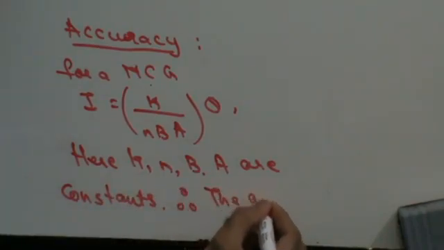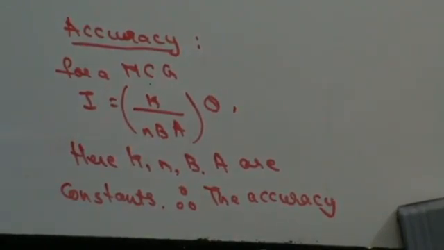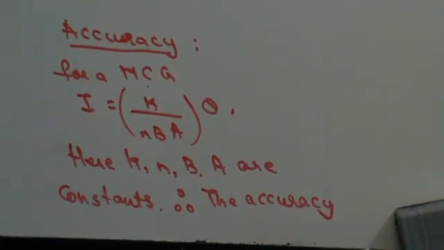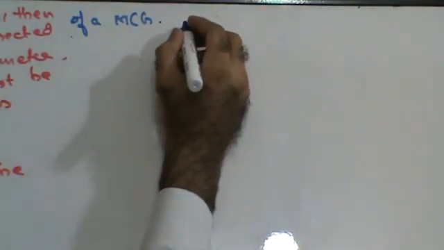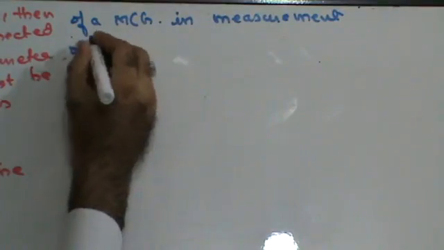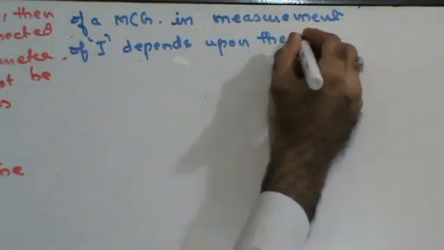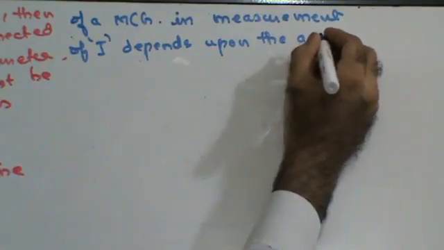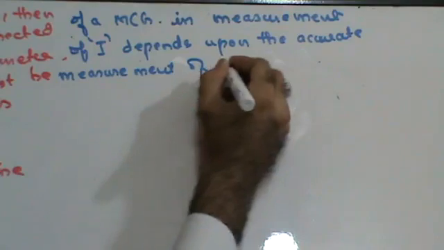Therefore, the accuracy of a moving coil galvanometer in measurement of current depends upon the accurate measurement of deflection theta.